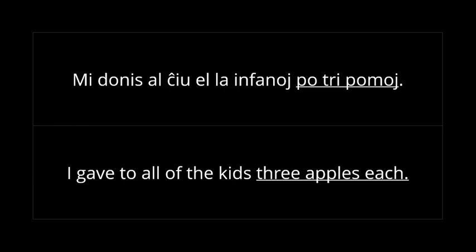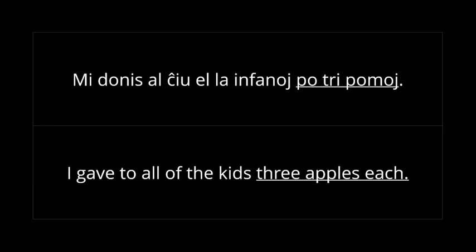3 apples each. Now, see, in English, we have a postposition there. We say 3 apples each, or 3 apples apiece. In Esperanto, it's a preposition. So, po tri pomoj. Now notice one other thing. Although the apples are the direct object, they're what I'm giving the kids, there's no N on the end of pomoj, because po sort of takes the place of the direct object itself here.